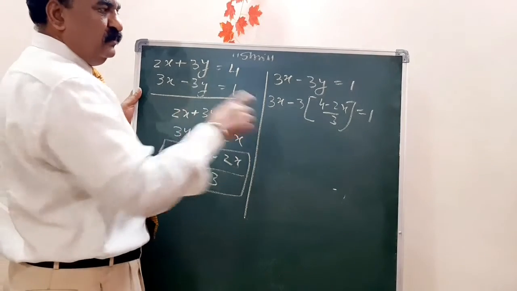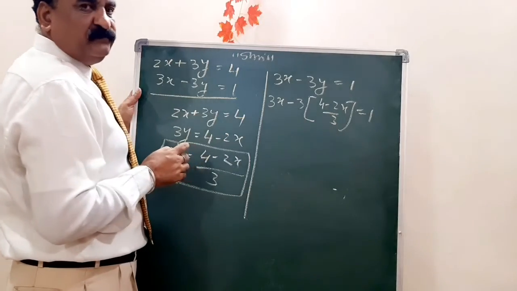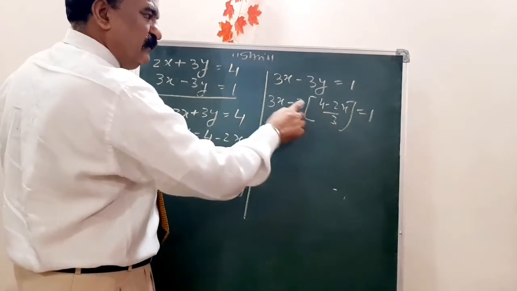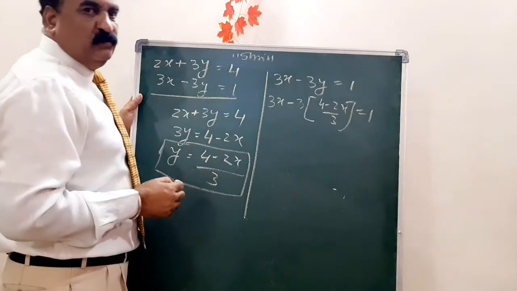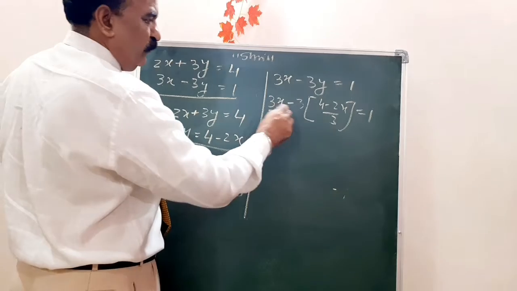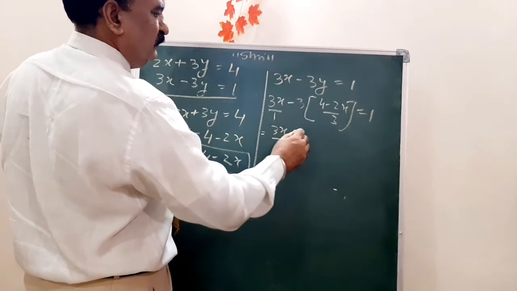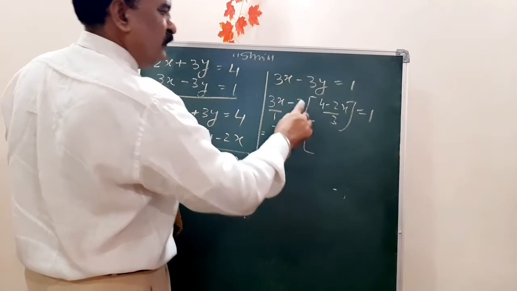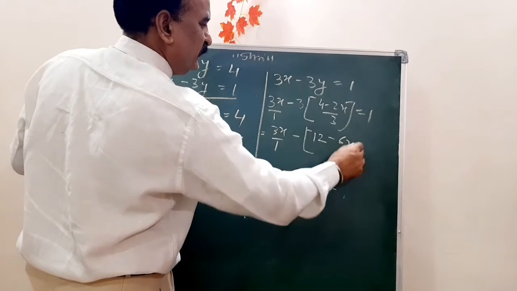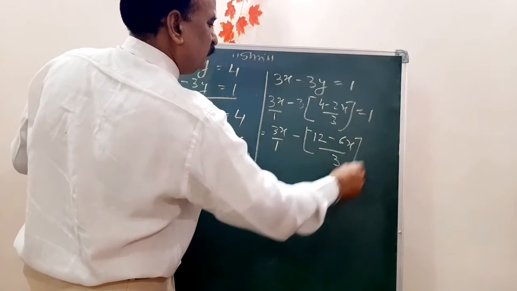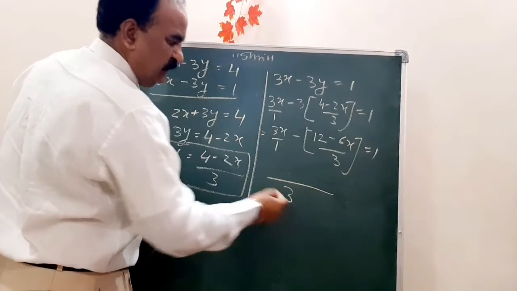Now this is the sign of multiplication. So 3 into 4 minus 2x upon 3. You can cancel 3 here also, no problem, or you can multiply 3 in the numerator. Upon here 1 you can write, 3x upon 1 minus, you can multiply by 3, 3 4s are 12 minus 6x upon 3 is equal to 1. Now take the LCM. LCM will be 3.